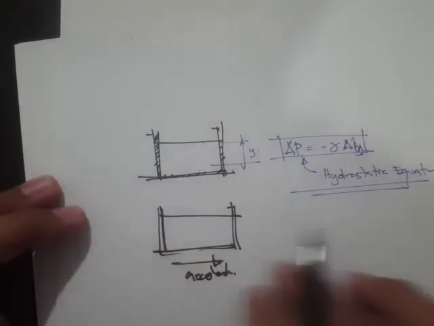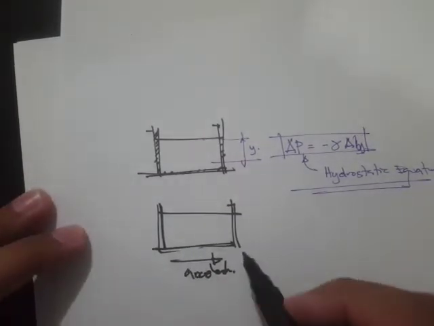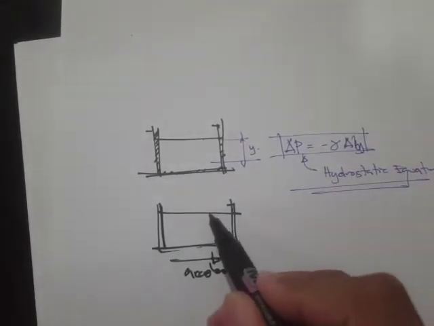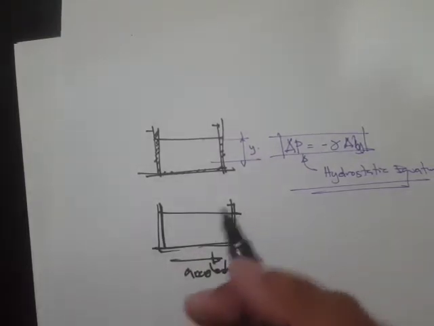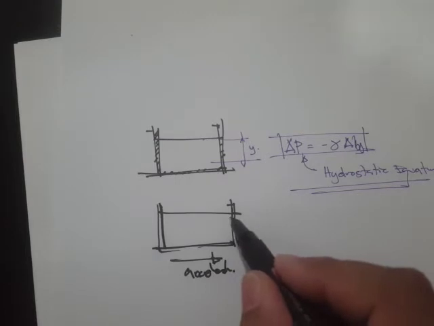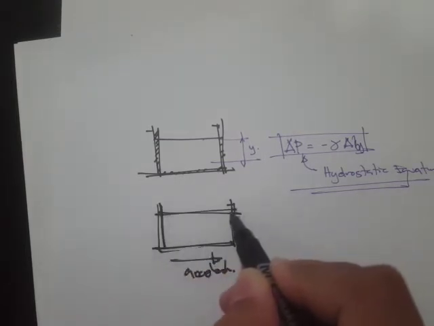Because of the motion of this container, we will have a difference in the free surface, in terms of the geometry of the free surface.